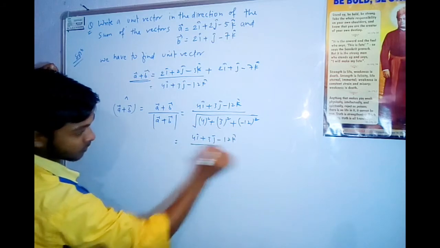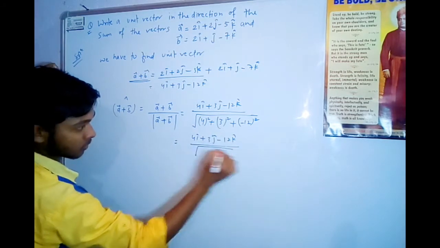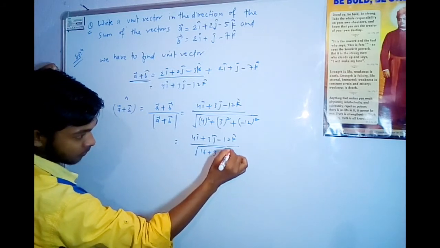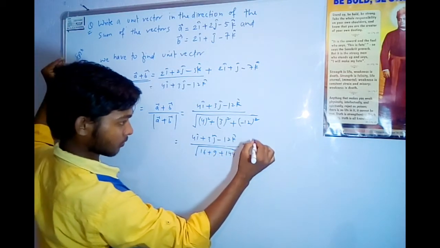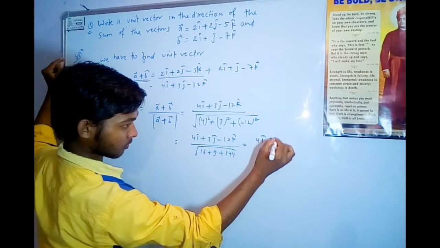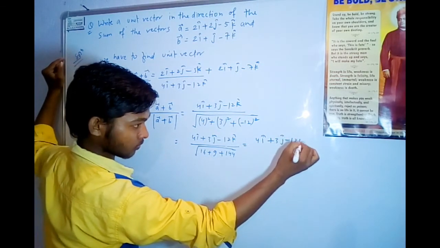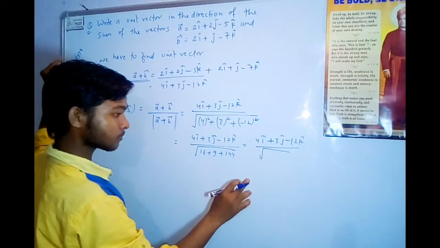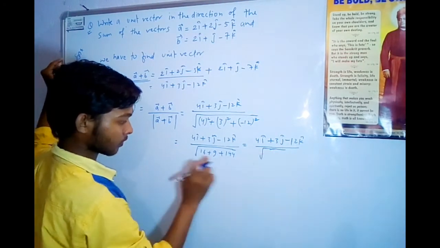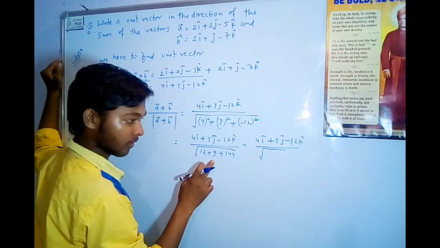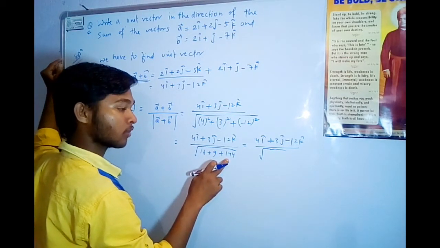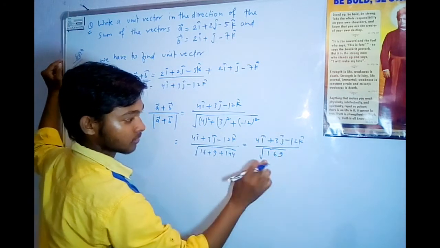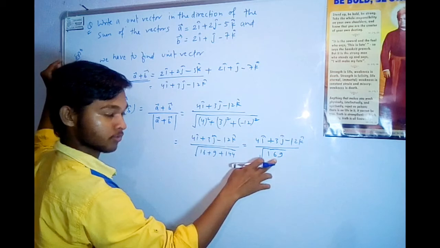So it is going to be 4i plus 3j minus 12k divided by root under 16 plus 9 plus 144. 16 plus 9 is 25, and 25 plus 144 is 169, which is the square of 13.